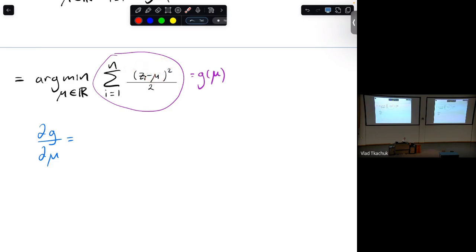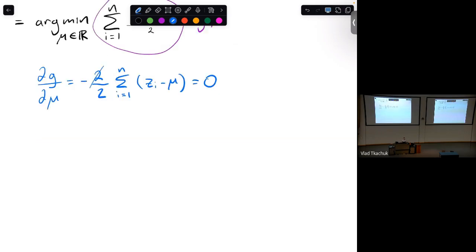So we get negative 2 over 2 of the sum i equals 1 to n of the same quantity, zi minus mu. And we want to set that to 0.